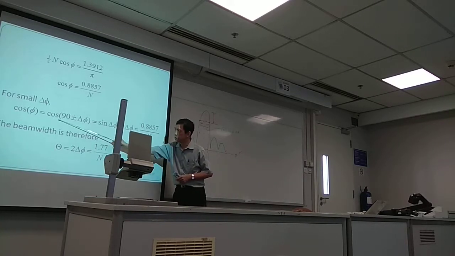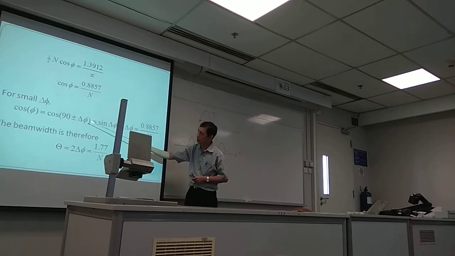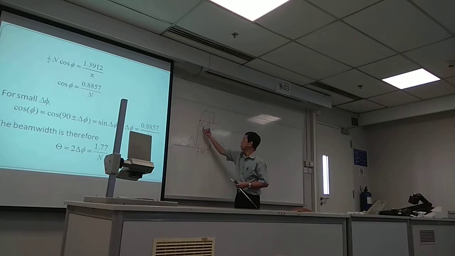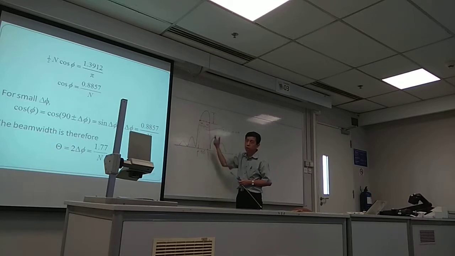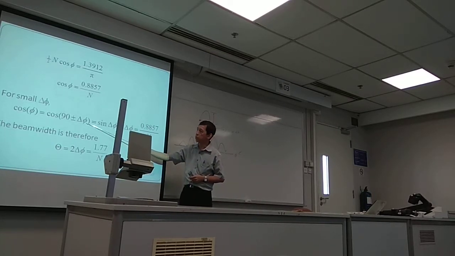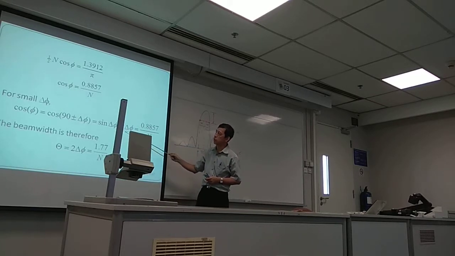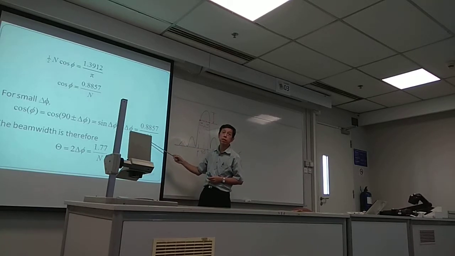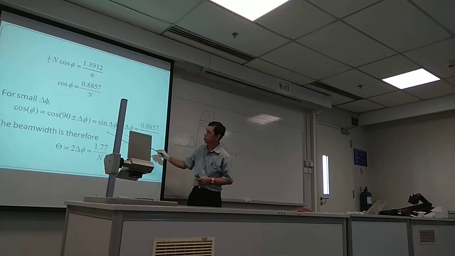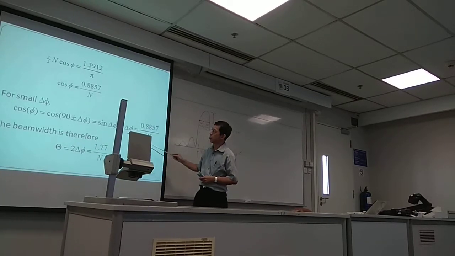So the cosine function can now be written as sine delta phi. And if the beamwidth is relatively small, that would mean delta phi is small, and if delta phi is small, then sine delta phi will be approximately delta phi.